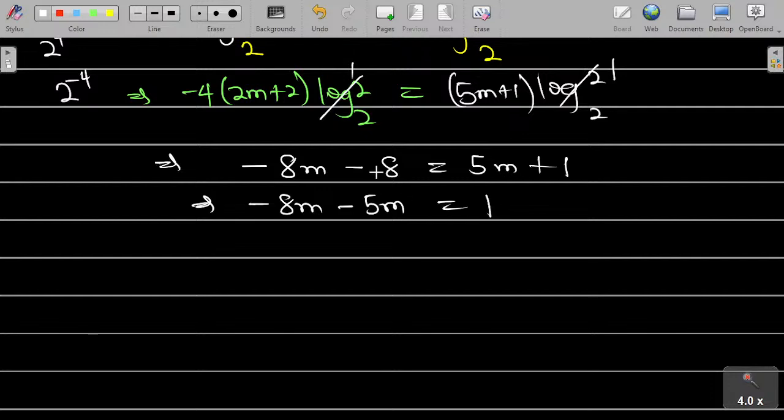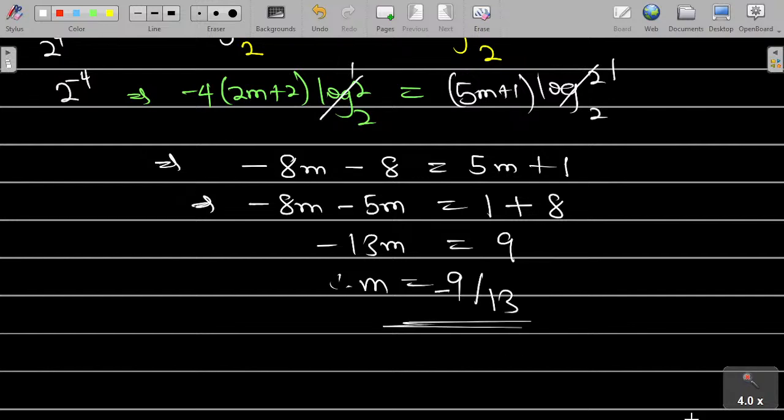This minus 8 coming here will be plus 8. If I subtract, I'm going to have minus 13m is equal to 9. Therefore my m alone is 9 all over minus 13, which I can write as minus 9 all over 13.